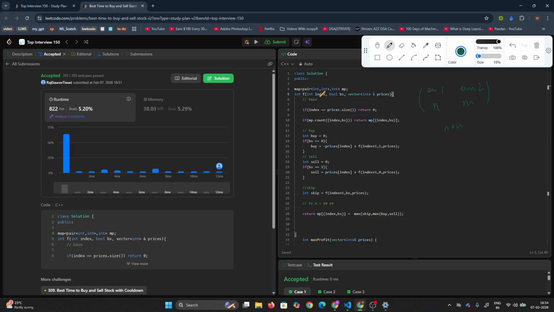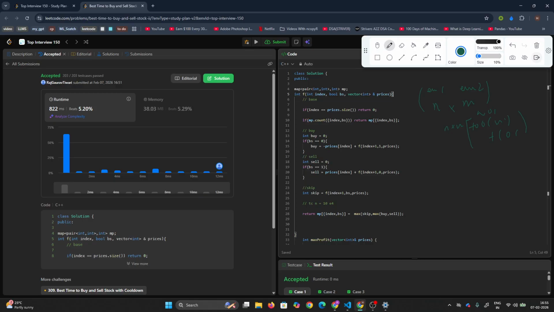So if this index is going till n and this boolean has a value 0 or 1, first we will iterate for n, and inside this for loop we will have 0 or 1, or vice versa. You can have 0 and 1 outside and 1 to n inside. You can have both of these, but because n into m will store all the possibilities and we need to explore all the possibilities, we will be running two for loops to compute all the possibilities.